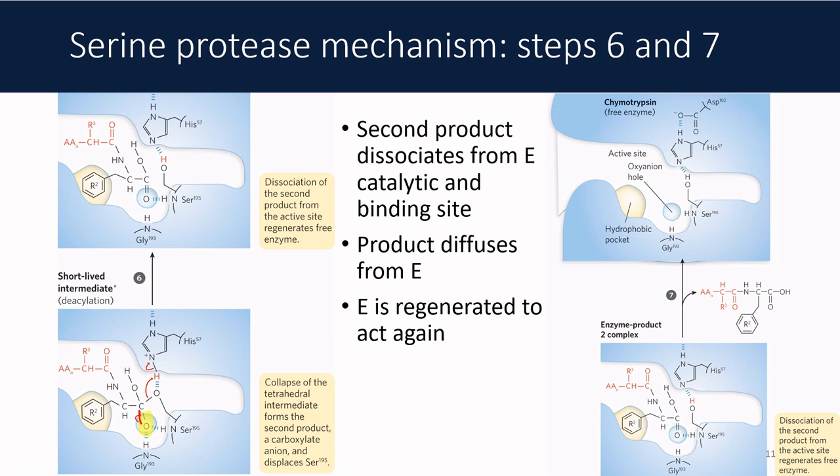And again, we have three choices. We could pick bond number 1, which is between two carbons. We could pick bond number 2, which is between the carbon and the OH, which we just installed via water. Or we could pick bond number 3, which is the carbon-oxygen bond between the substrate and the serine.